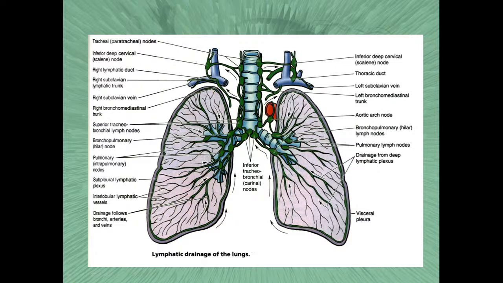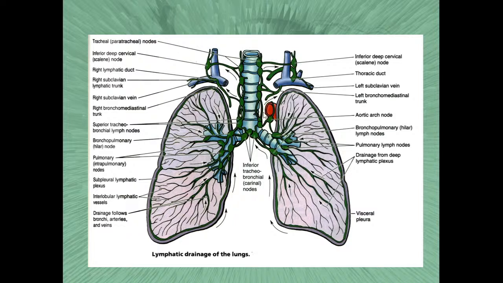The next group of regional lymph nodes is located in the hilum of the lungs and represented by the bronchopulmonary lymph nodes. The next group, in the region of the trachea bifurcation, is represented by the superior and inferior tracheobronchial lymph nodes, depending on the location around the trachea bifurcation.